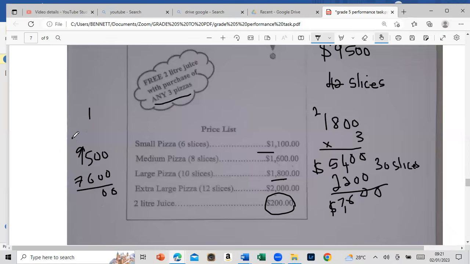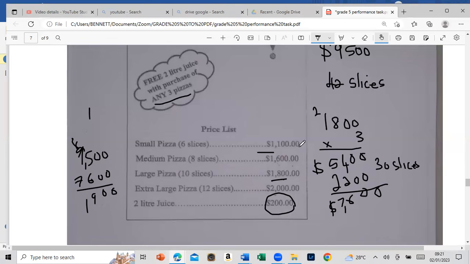I have a problem. 6 from this, 9. So I actually have 1,900 left. So wouldn't that be the best buy? This would not work.